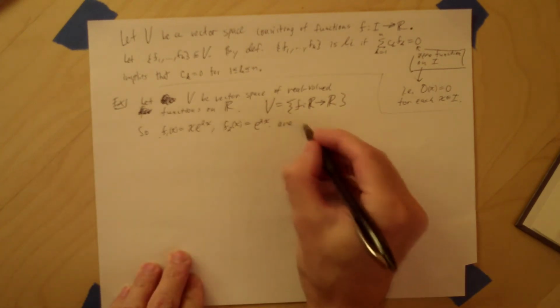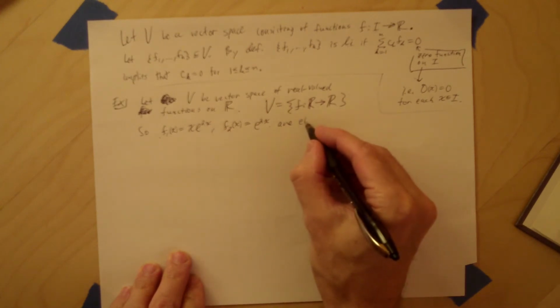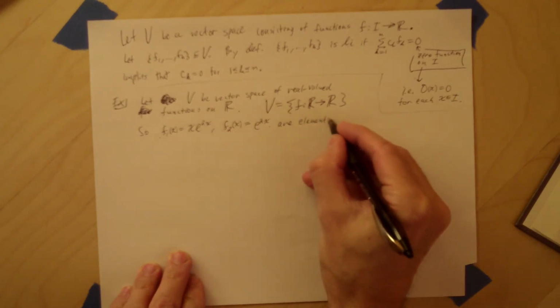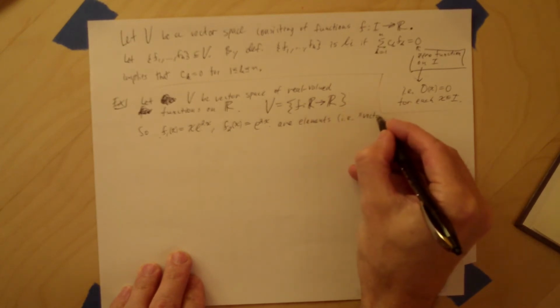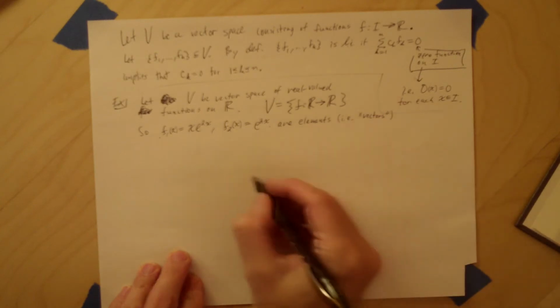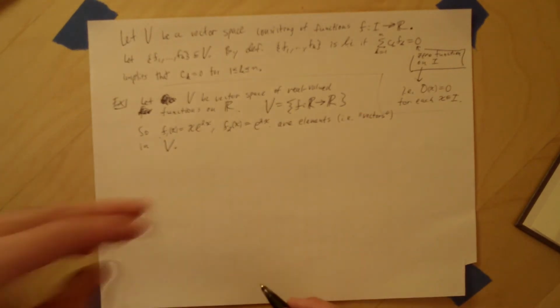So, to complete this sentence, this function and this function are elements, i.e. vectors, in V as defined here.